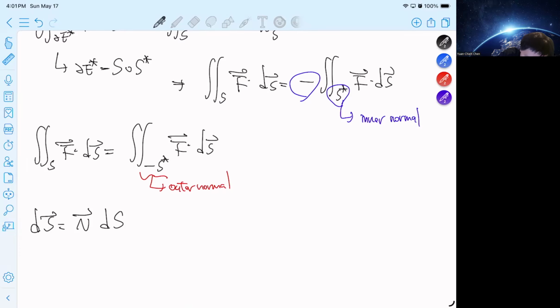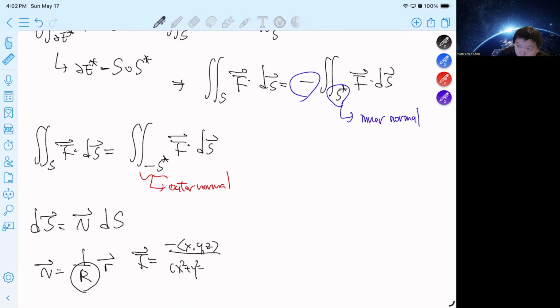The normal will be 1 over r times the position vector, where r is the radius. You can do the spherical coordinates and do the computation yourself, but trust me here. And for F, we already have this: negative xyz over (x squared plus y squared plus z squared) to the 3 over 2.